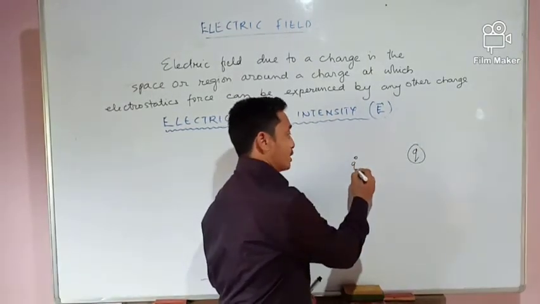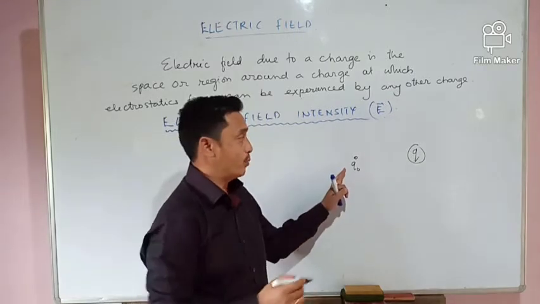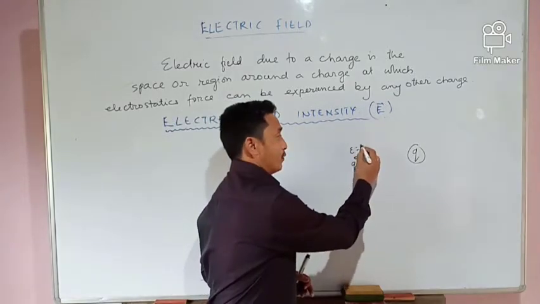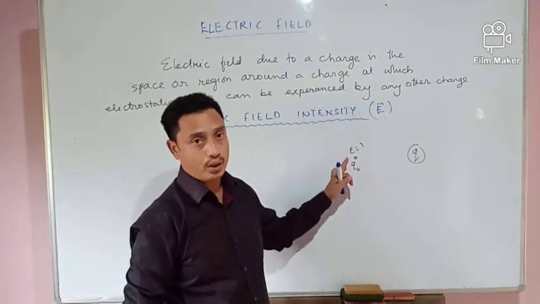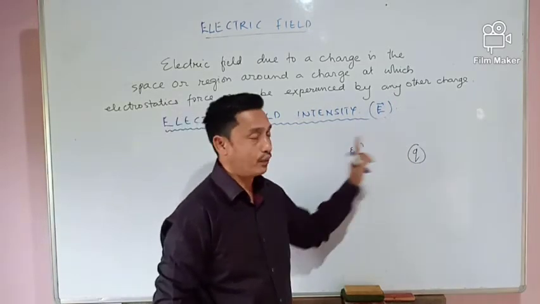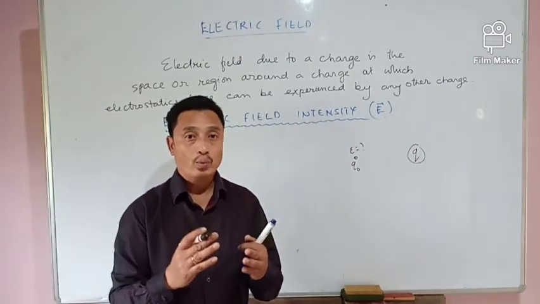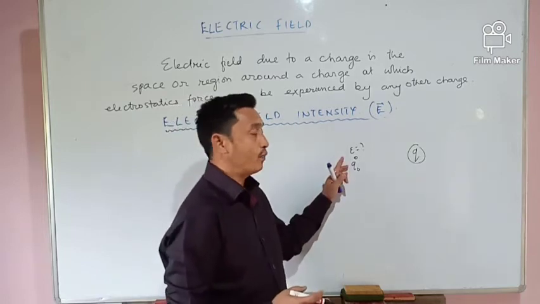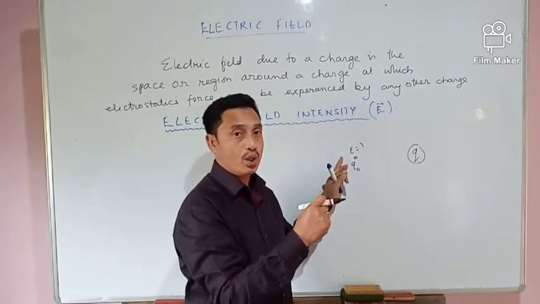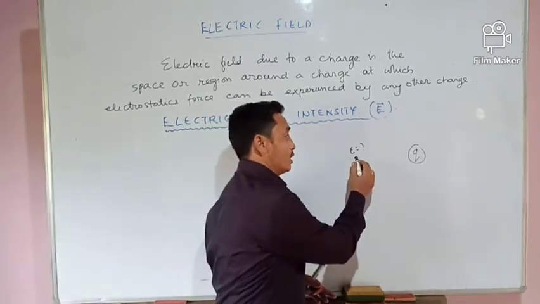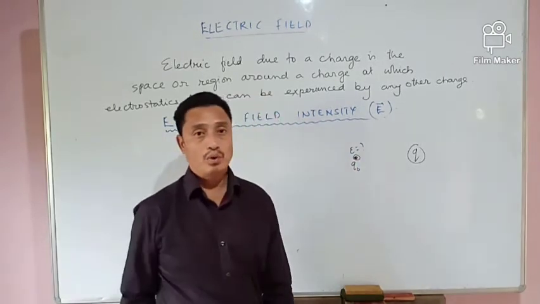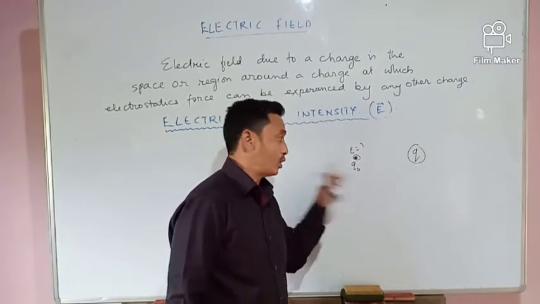If a test charge is brought here, that means we have to measure the electric field intensity at this point. To measure the electric field intensity at this point, we have to find out the force experienced by this test charge. How much force per unit test charge?